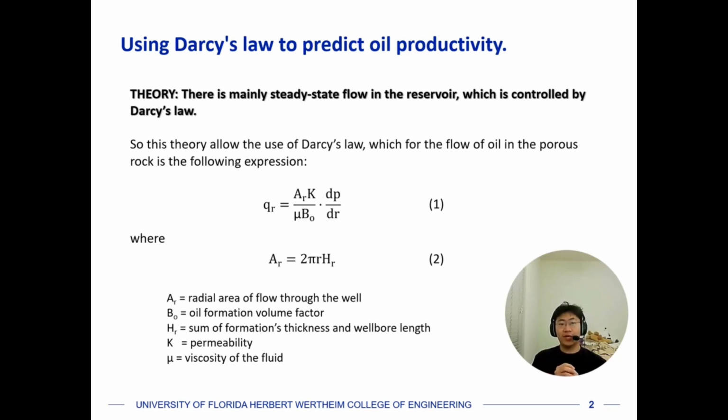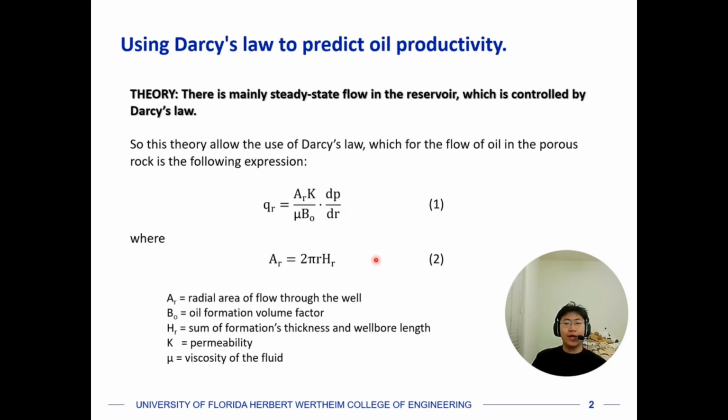So Darcy's law can be used to predict oil productivity. And from Darcy's law, we know that Q_r equals A_r times k over mu B_o times dP/dr.